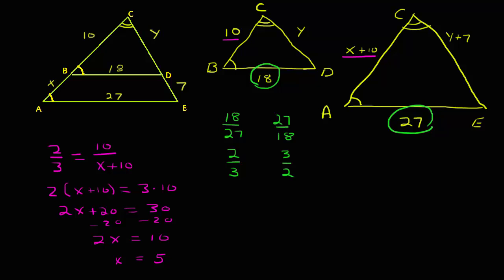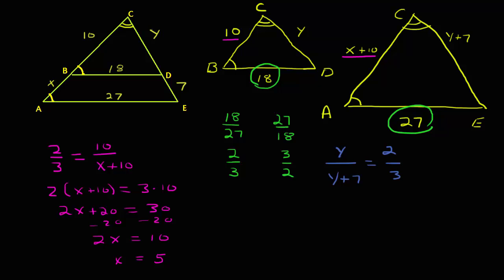We can also use a method like that to find our value for y. In this case here, I'm going to have the small triangle of y over the large triangle of y plus 7 is going to be equal to the small triangle of 2 to the large triangle of 3.